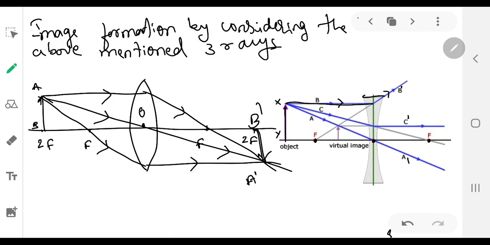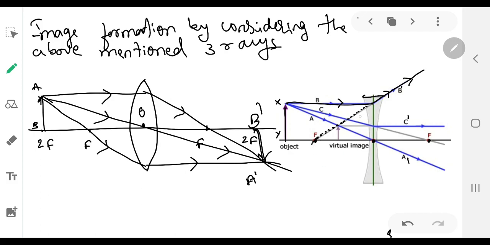If the ray is parallel to the principal axis, it diverges. How does it diverge? It's the direction of refraction. When you extrapolate, it appears as if it is meeting at a principal focus. So this is the direction extrapolated.